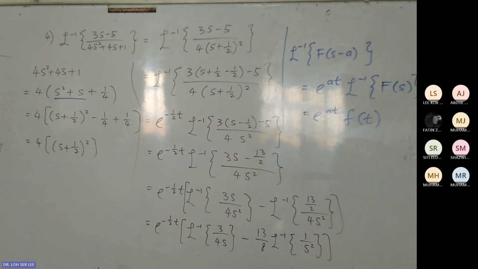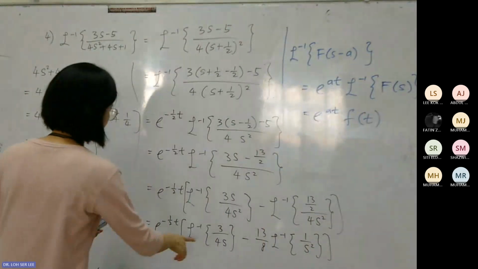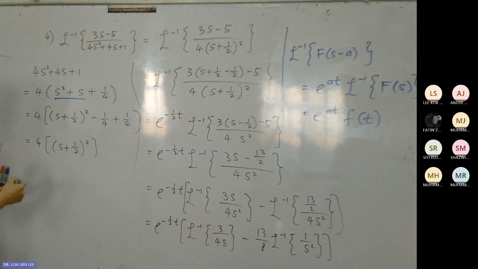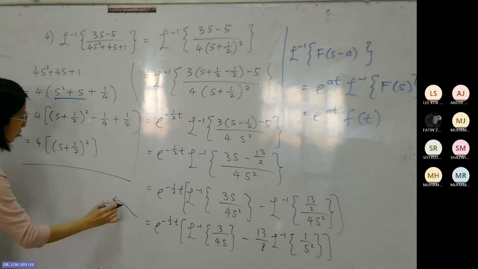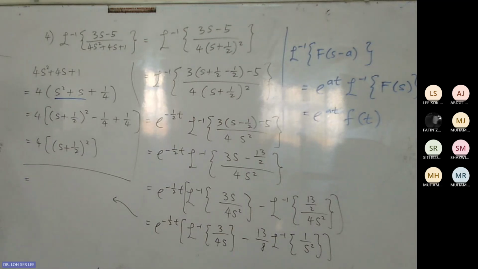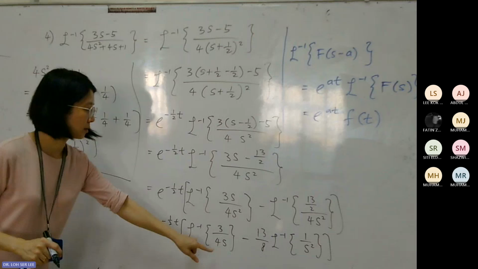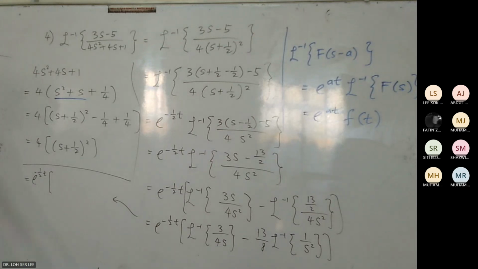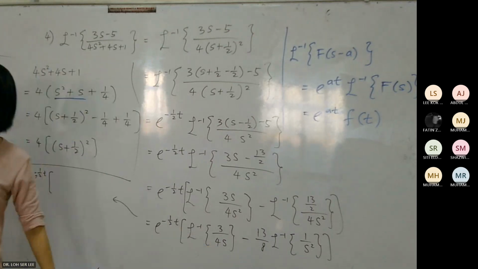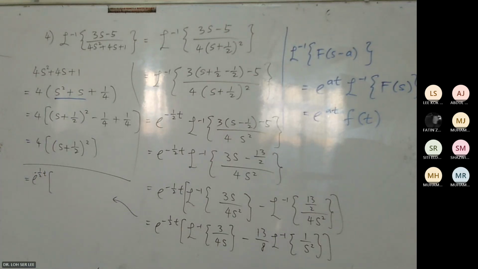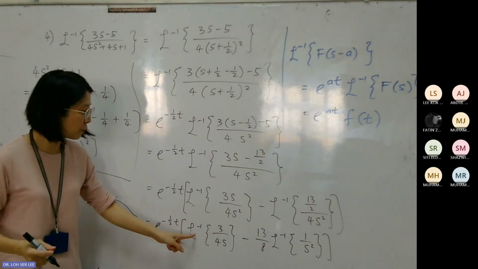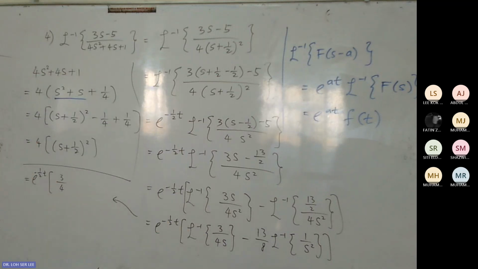Start to do the inverse Laplace for these two terms. Okay, continue here. So you have e to the negative half t. What is this? This one? Over 4. Okay, 3 over 4. Because when you factorize 3 over 4, you are inverse Laplace 1 over s, which is 1.